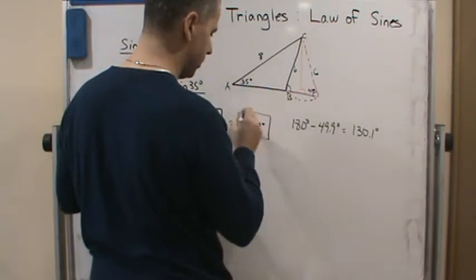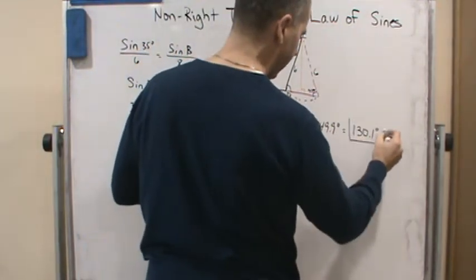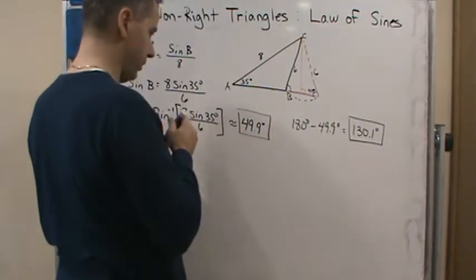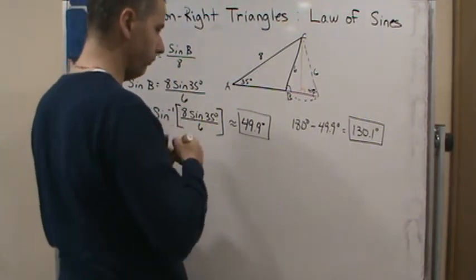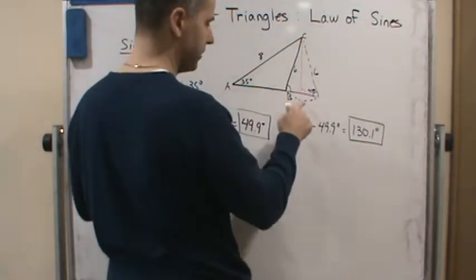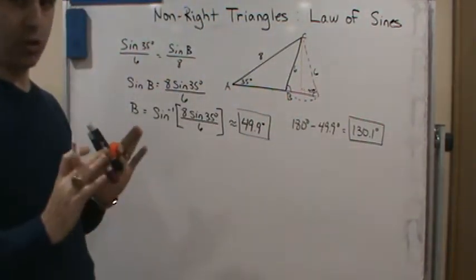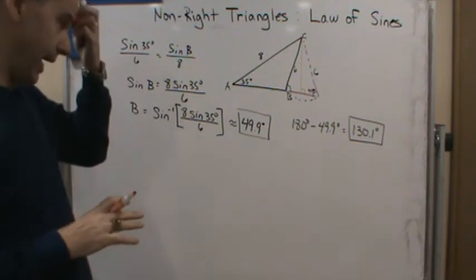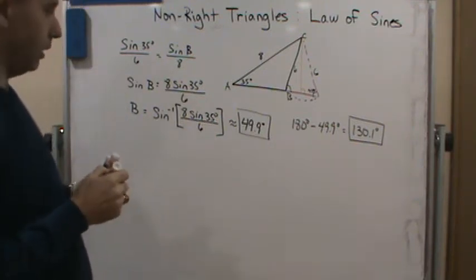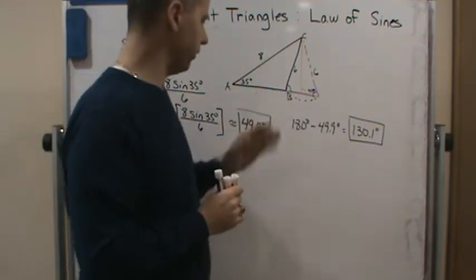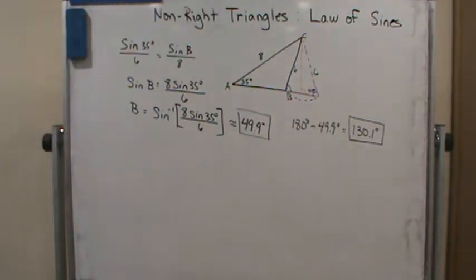So we have this angle, but we also have this angle for B. That's going to give us the solutions to our two triangles, because we do have two triangles. This is the triangle we're solving for, so let's see what we get.